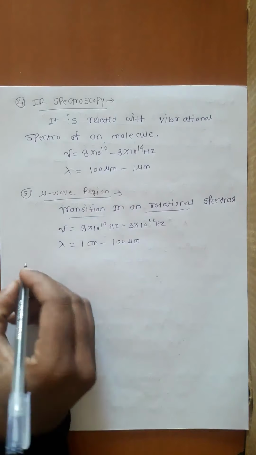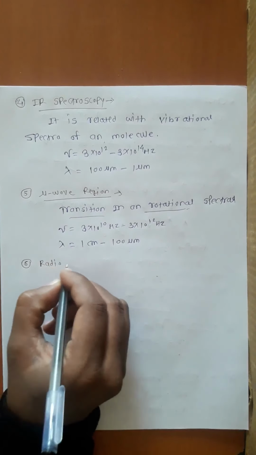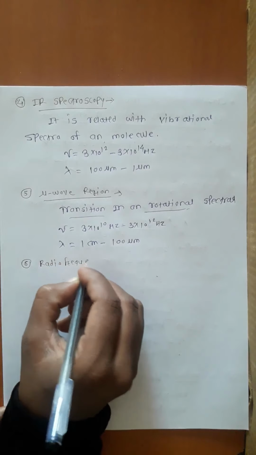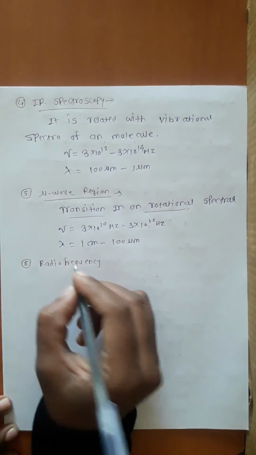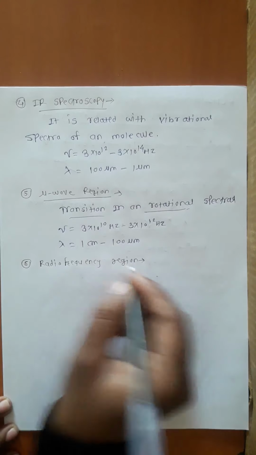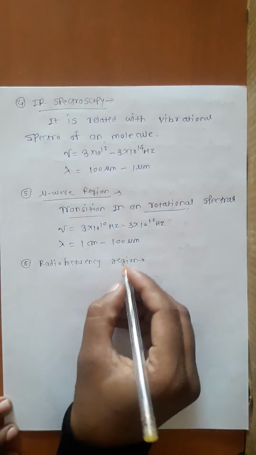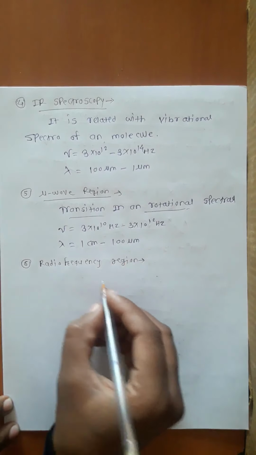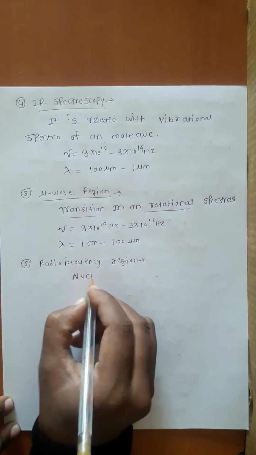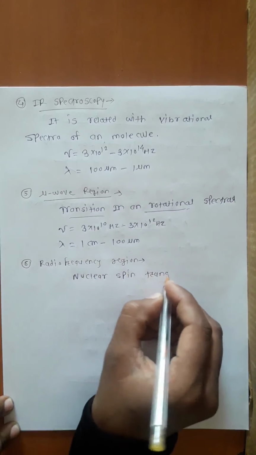And the last one is the radio frequency region. Check this spelling, radio frequency region. In the radio frequency region there is a nuclear spin transition. You have to know this concept.